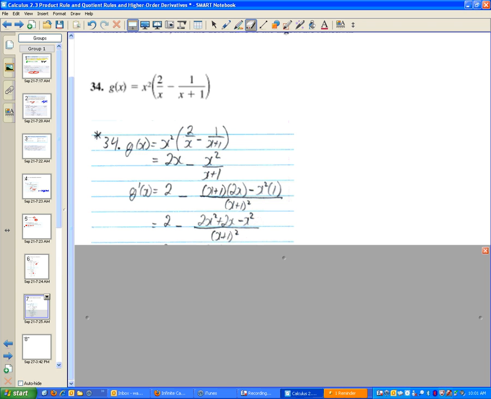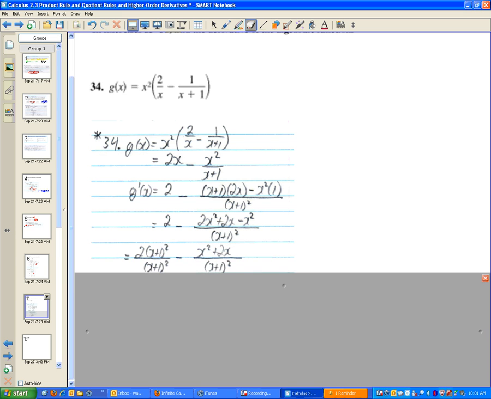Denominator doesn't change on this step. So we have 2, leave some space, minus. And then 2x squared and negative x squared give us x squared plus 2x over x plus 1 quantity squared.